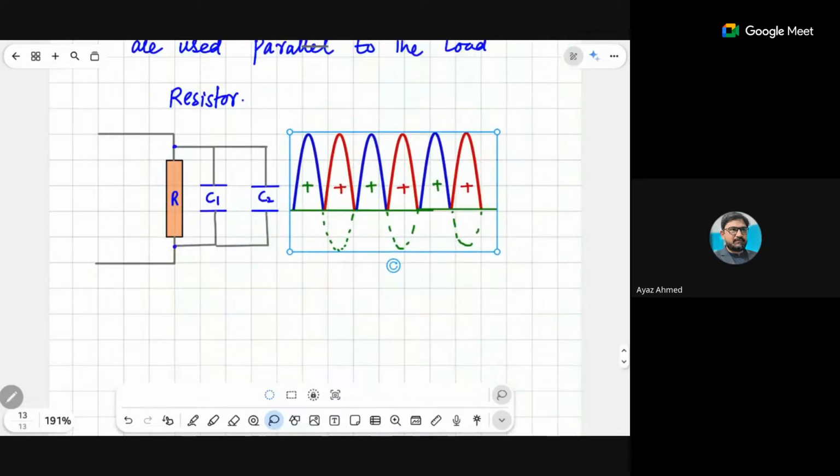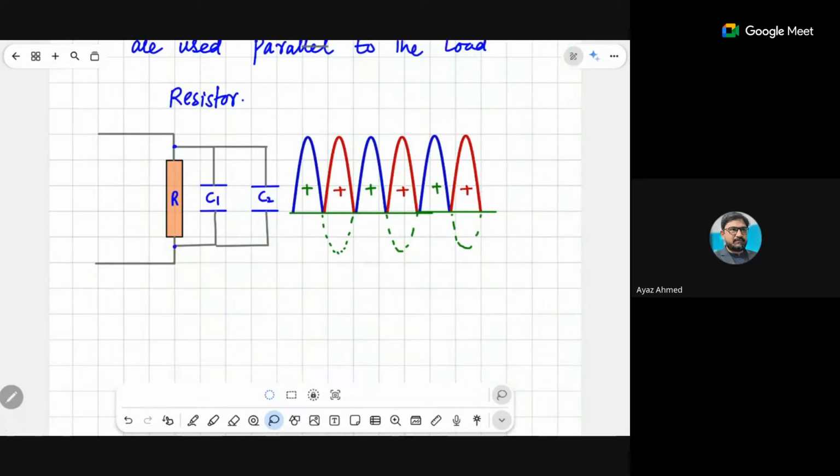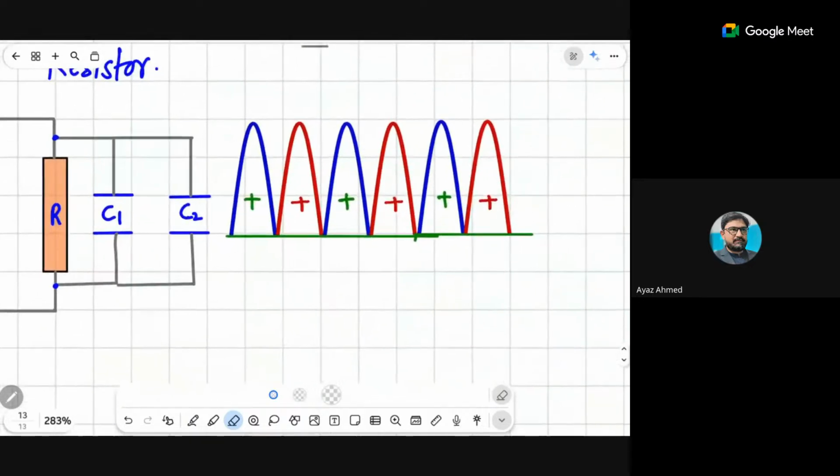Now this is basically the rippled output. It is your rippled output. So beta ji, I don't want the ripples. I would make it smooth. So how?